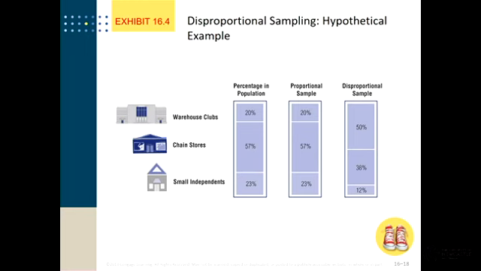Any idea? The area of research is more specific to the warehouse clubs as opposed to the other two? Well, if it is specific to warehouse clubs, then why do we include chain stores and small independents? Broader. Okay.